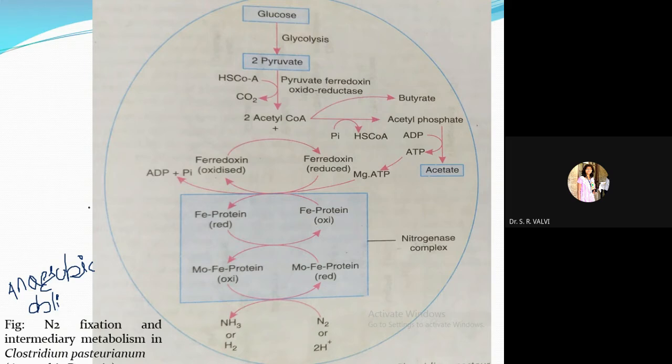So here I'm going to explain how this nitrogen fixation takes place in this bacteria, right? So this is the cycle. Now see here, this is the glycolysis process, the first step of our respiration, right? Glucose is the product of photosynthesis.